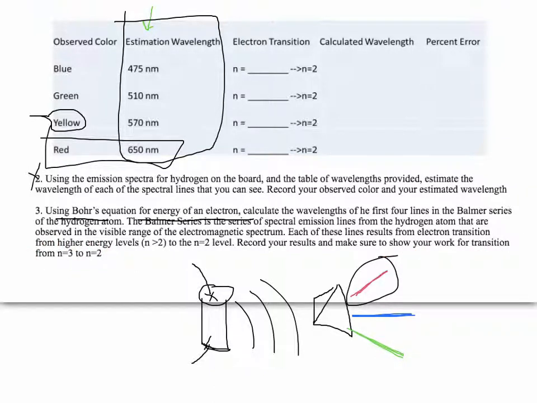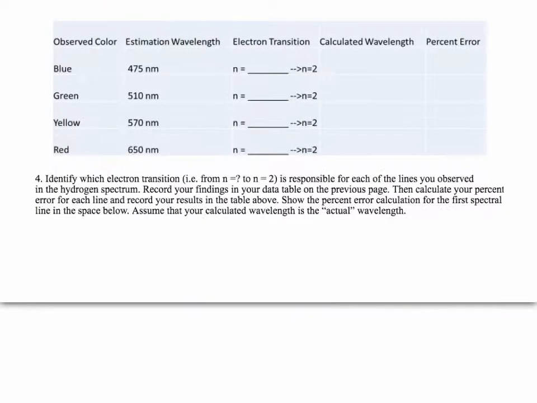Okay, I'm going to explain this question a little bit, but first I'm going to take a look at the 4th question. The 4th question says, identify which electron transition from n equals question mark to n equals 2 is responsible for each of the lines observed. So we're basically supposed to populate this field. Let's just assume that this is n equals 3.